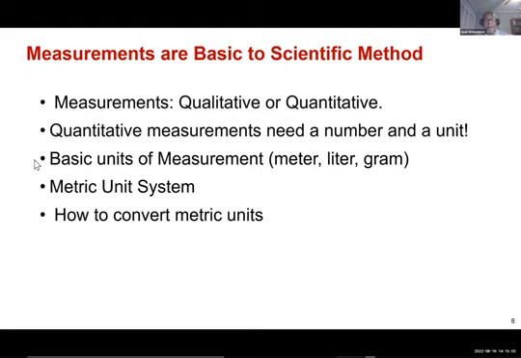So the metric unit system uses meters, kilograms, and Kelvin for temperature. Temperature is also one of the basic units. Now you have to know how to convert units. We are going to talk about that as we go along.